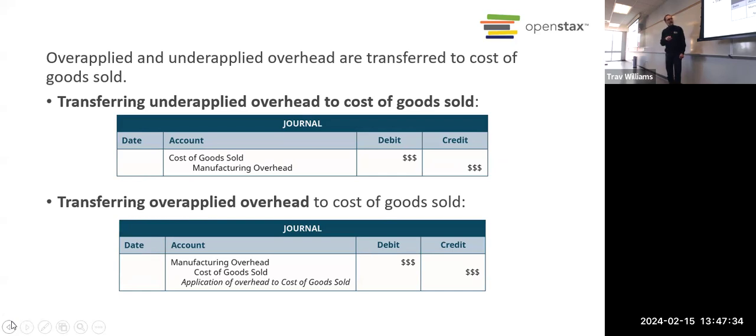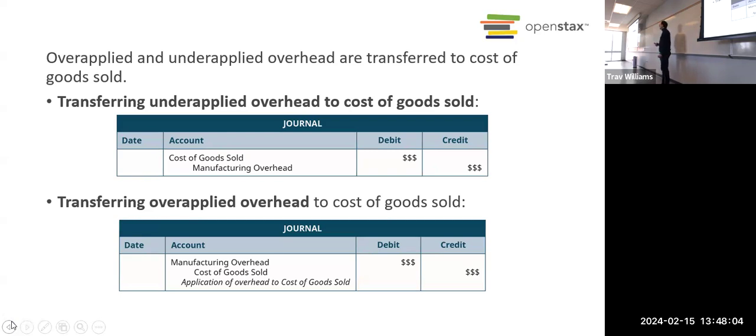Now, if we have over applied, so the total that we applied during the year was too much compared to the actual overhead, then we do the opposite. Then our manufacturing overhead has to go up and cost of goods sold has to go down. And if you get confused on that, you can always look in the textbook or look at this slide to help you straighten that out.